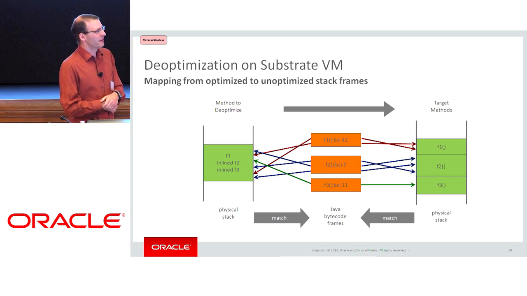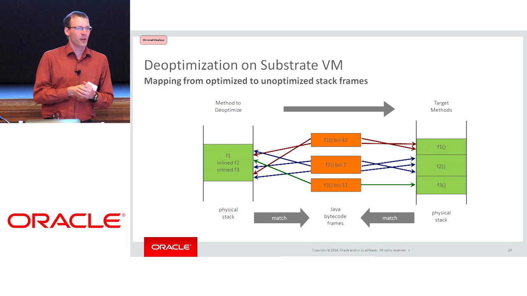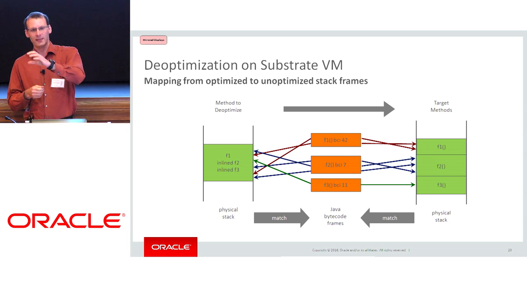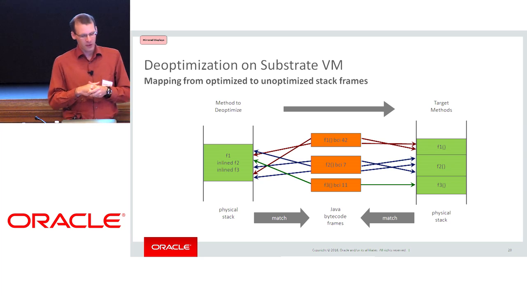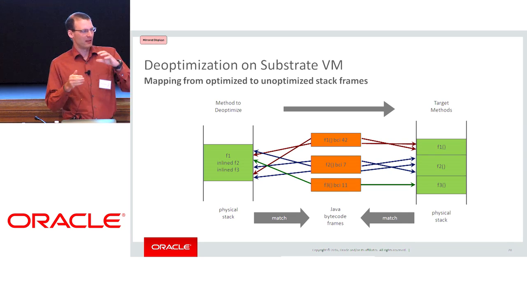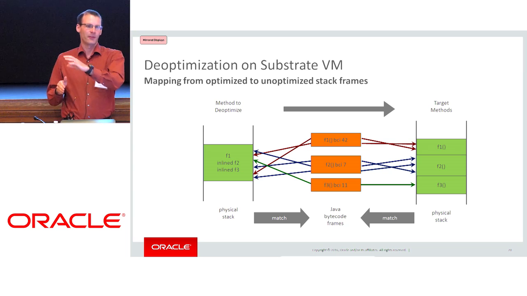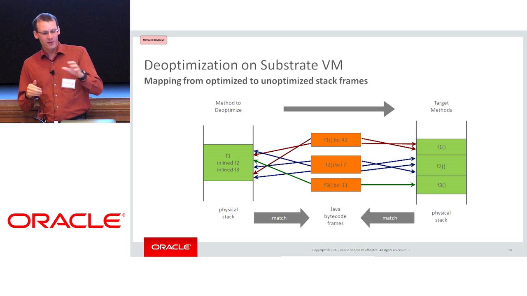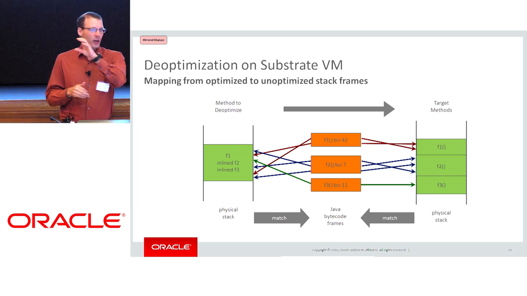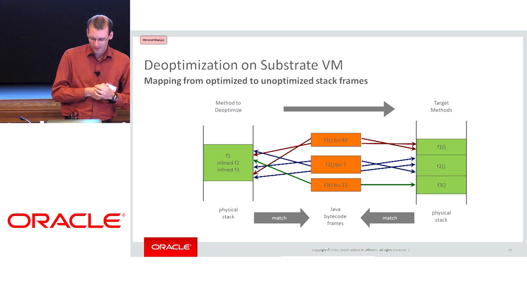The one biggest optimization that we disable is method inlining, because obviously when you really want to reconstruct individual frames, it would be far too complicated to match up a method with an arbitrary number of inline frames with some other arbitrary number of inline frames. So you really say, well, for every method you want to reconstruct on the frame, you have an ahead-of-time compiled Graal method for that.